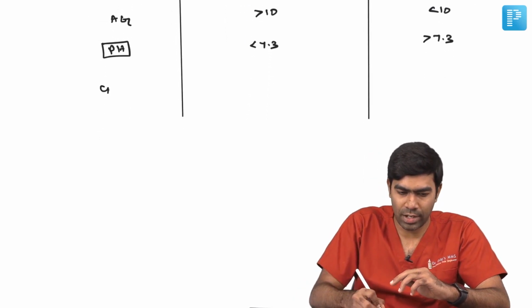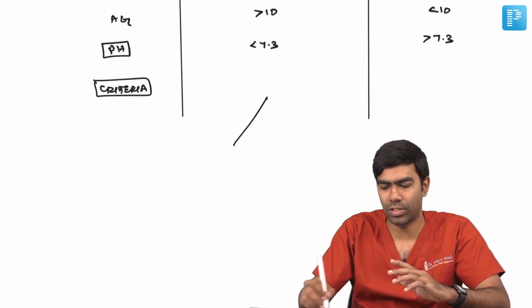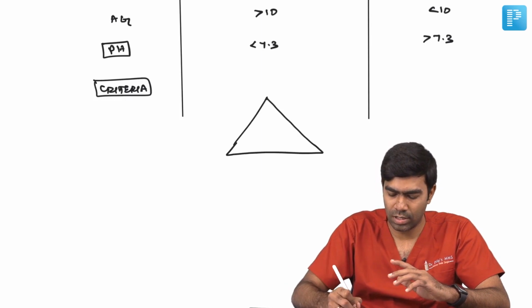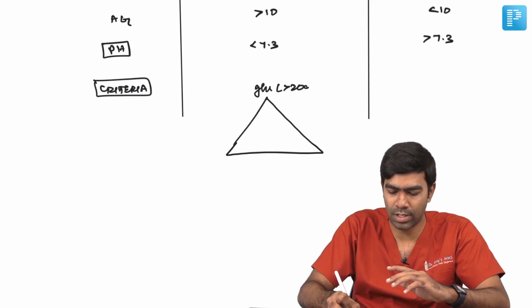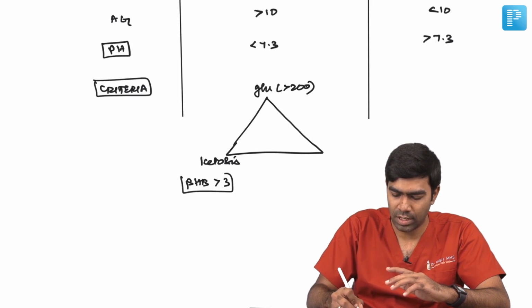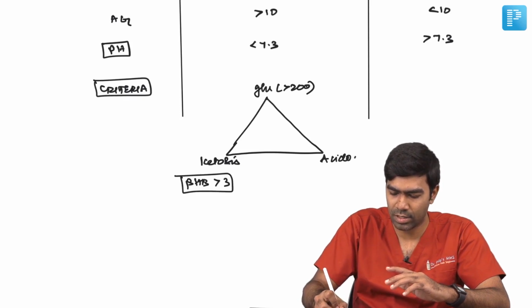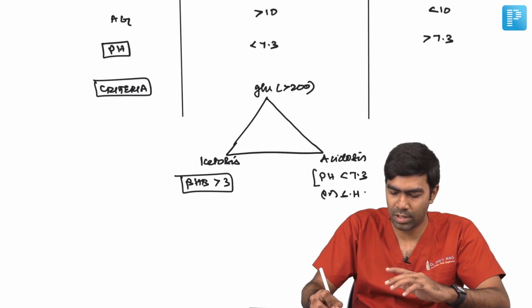So finally, we have the diagnostic criteria to tell whether it's a DKA or HHS. To tell it's a DKA, you need a triad. That is, you should have hyperglycemia, that is more than 200 is enough, and there should be a ketosis defined as plasma beta hydroxybutyrate more than 3, and there should be acidosis defined as venous pH less than 7.3 or serum bicarbonate, venous bicarbonate less than 15.